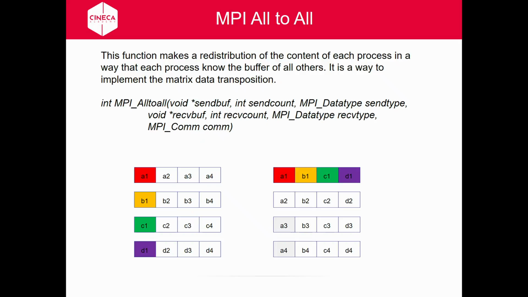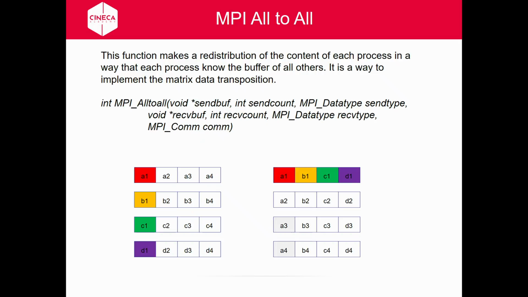For example, the MPI all-to-all function makes a redistribution of the content of each process in a way that each process knows the buffer of the other.